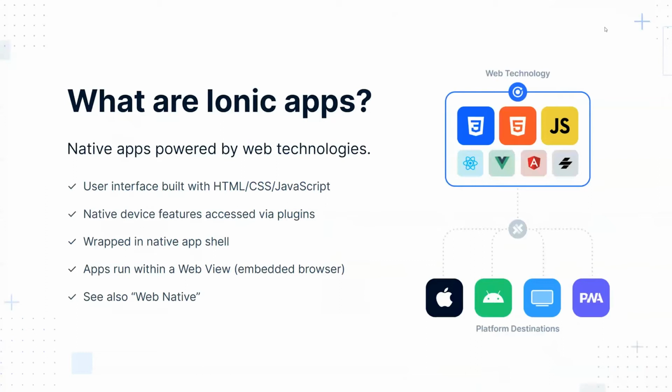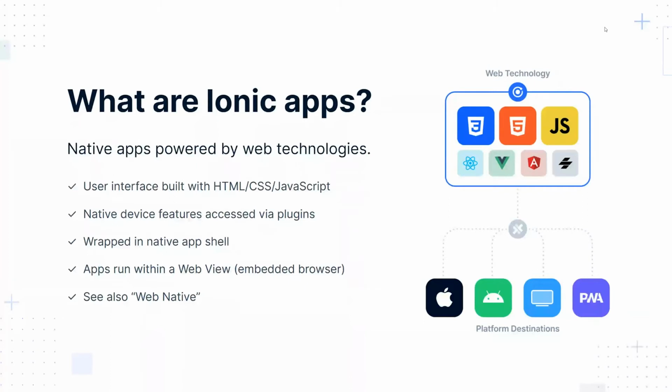So we build our user interfaces, the screens, the interactivity that your users interact with on the device, with HTML, CSS, and JavaScript. Okay, so these are, again, the building blocks of the web, nothing specific to us. And then you might pair up with a web framework like Angular, React, Vue, and really any framework works with Ionic in our tech. So all those that are very popular with developers.